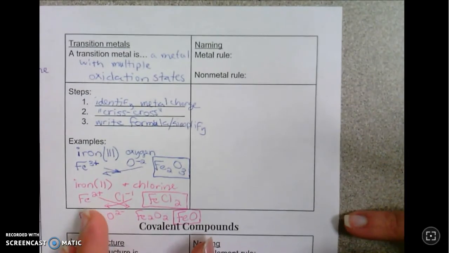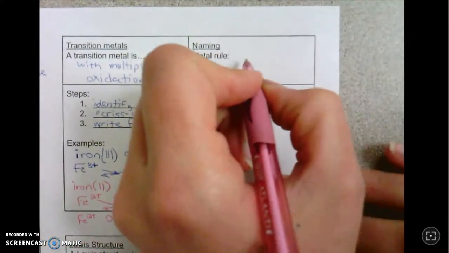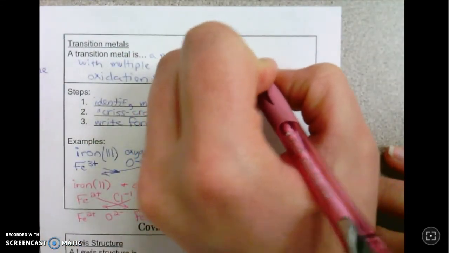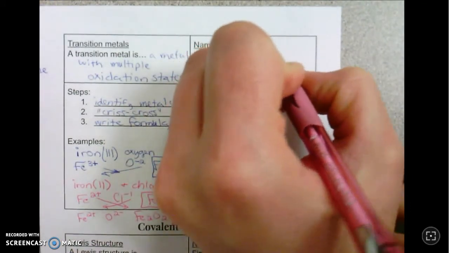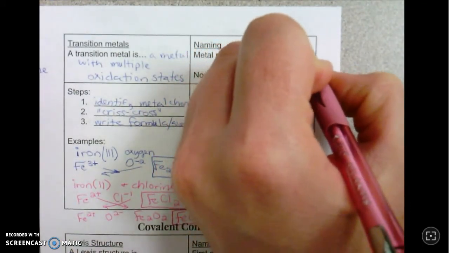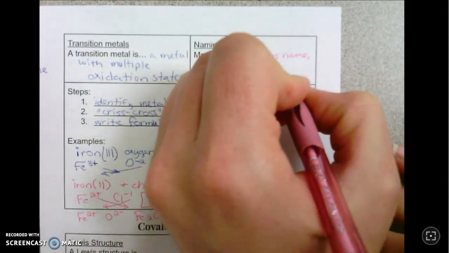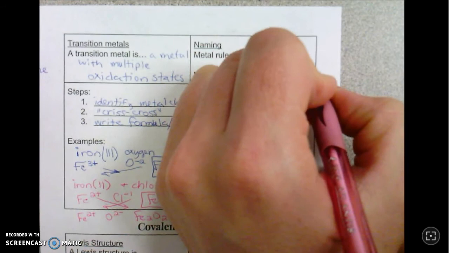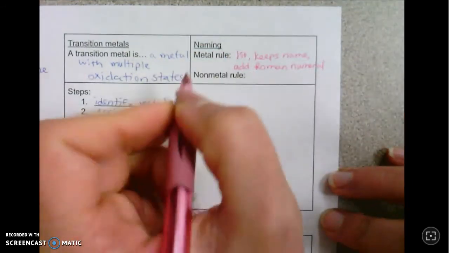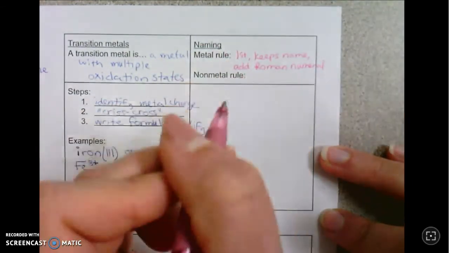Okay. So for naming, the metal is going to go first. It keeps its name, but add a Roman numeral in parentheses. Okay, so that Roman numeral is going to tell us the charge of the metal.